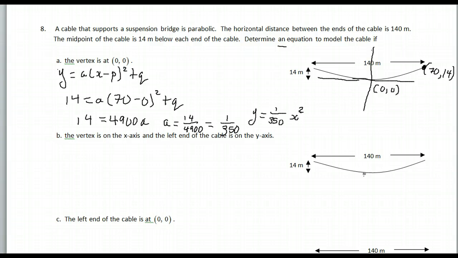(b) What if the vertex is on the x-axis and the left end of the cable is on the y-axis? That'll make this the origin, 0, 0. The vertex will be halfway, so this point will be 70, 0.